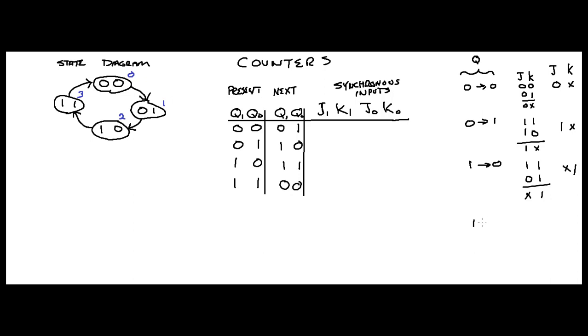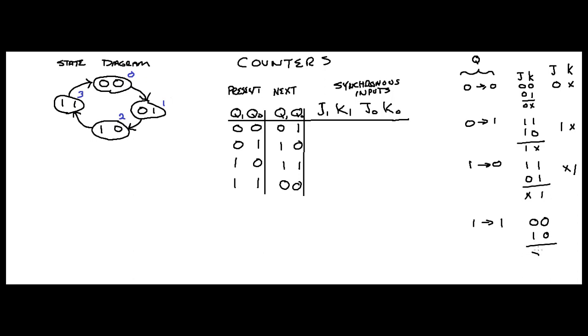And now 1 to a 1 is the next one, the last one, right? What would do that? It would be 0, 0. That's no change, right? You clock it, nothing's going to change. Or you could set it, in which case a set would be a 0, 1, right?